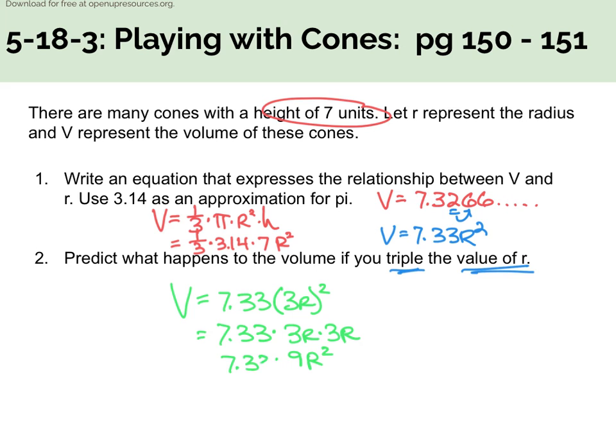So notice how it's going to be 9 times bigger than the 7.33. Let's take 7.33 and multiply it by 9 to make our final equation. We're going to have V equals 65.94 r squared.